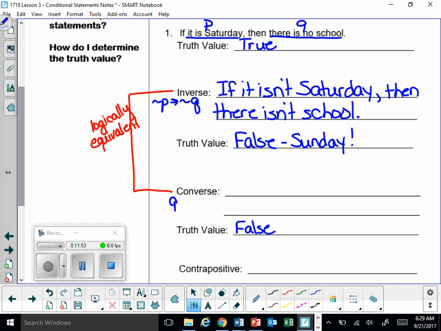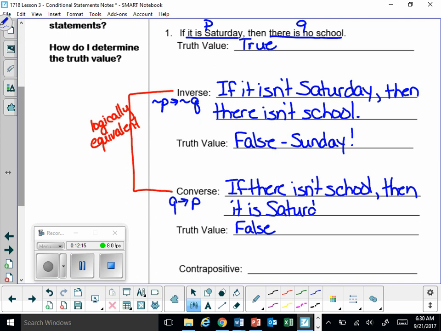So that is if Q, then P. So if there is no school, then it is Saturday. Okay, this is definitely false. Again, we could use Sunday as our example. We could also use holidays as our example.